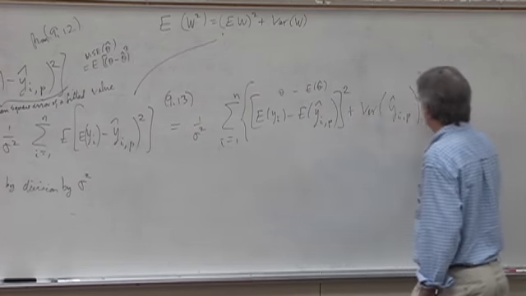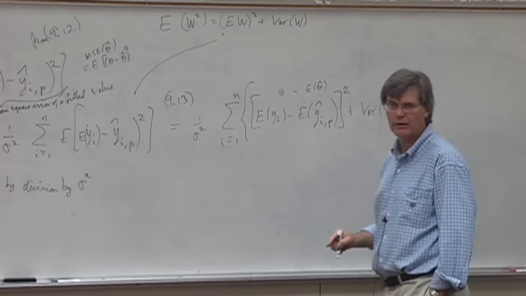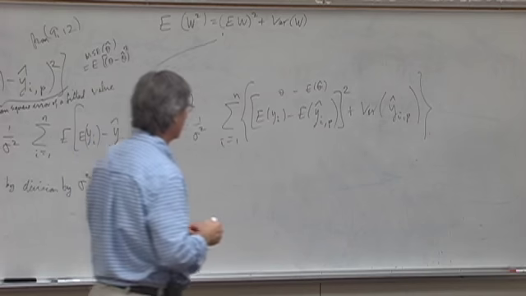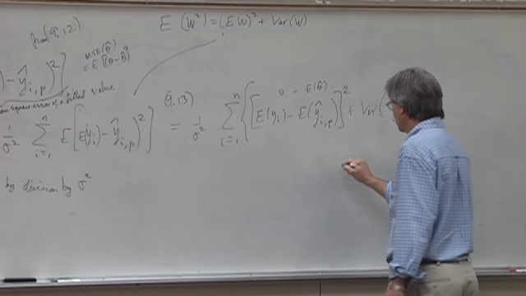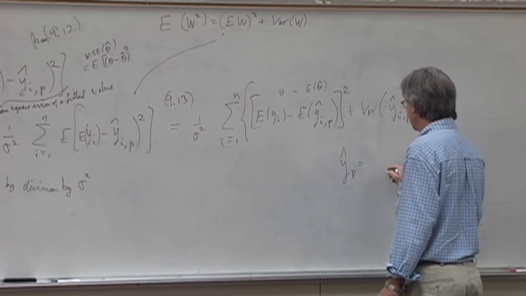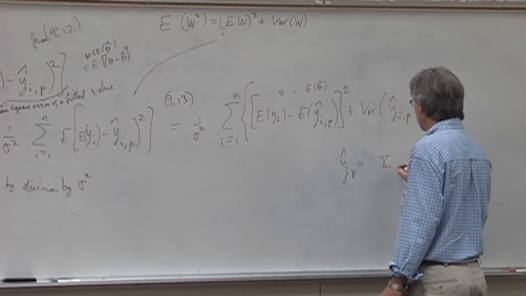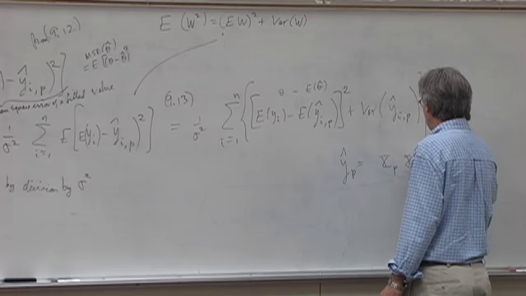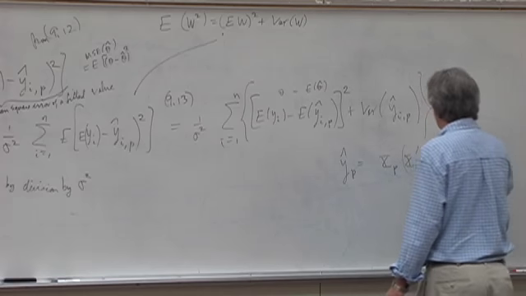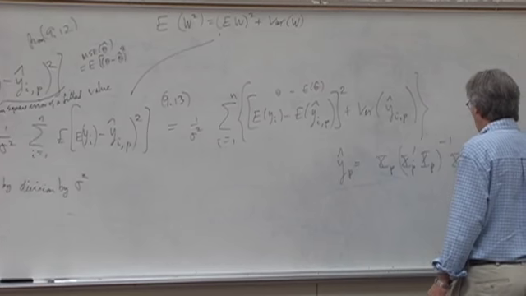Now I can calculate the variance of Yi p hat, summed over all n. What is it? Y hat sub p is equal to X sub p, X sub p prime X sub p inverse, X sub p prime y.